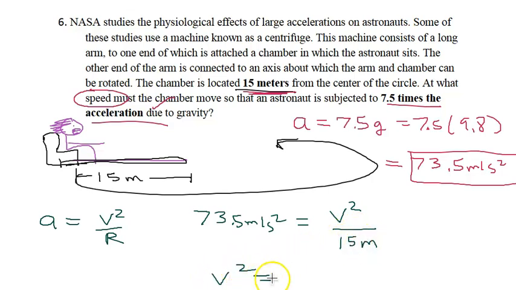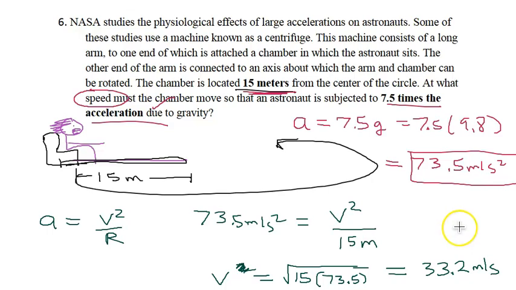That gives you v squared is 15 times 73.5. I'll cross multiply, or multiply both sides by 15, however you want to think about that. And that means v is the square root of that. And so you get 33.2 meters per second, which is about 60, 70 miles an hour. Okay, awesome. Hopefully that makes sense.